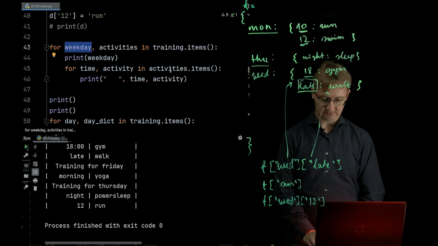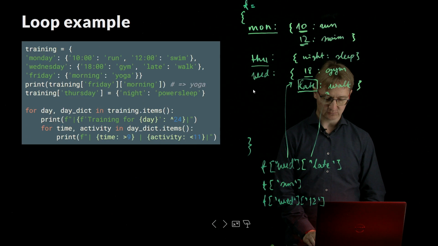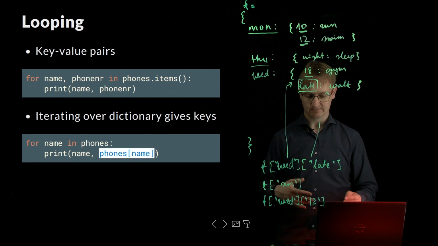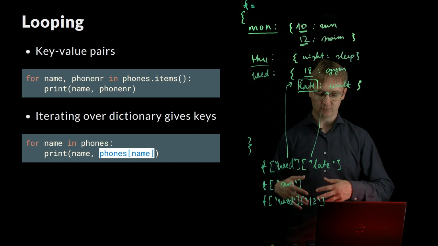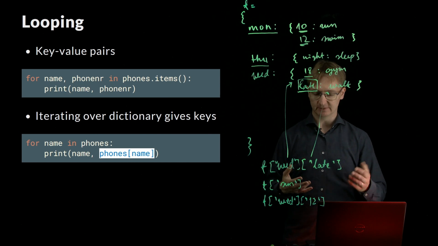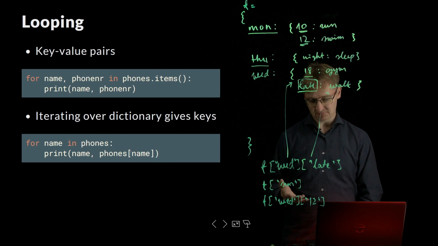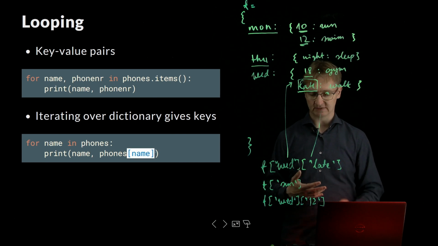Or even if I use something like this, where I have the key, then in this part of my code, instead of using phone number as a variable name, I use phones at position name.